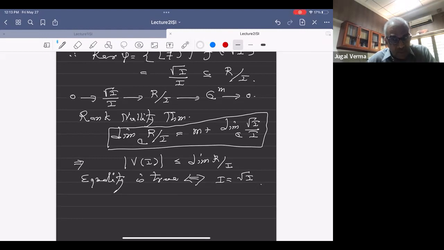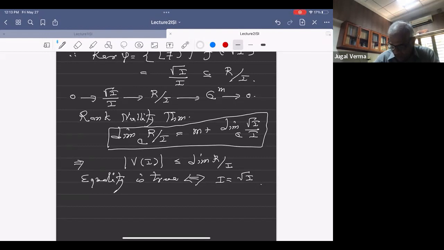So the number of roots can be less than the degree of the polynomial. But if you attach multiplicity, then the sum of multiplicities of the roots is precisely the degree of the polynomial. That is why we can get strict inequality if I is not a radical ideal.